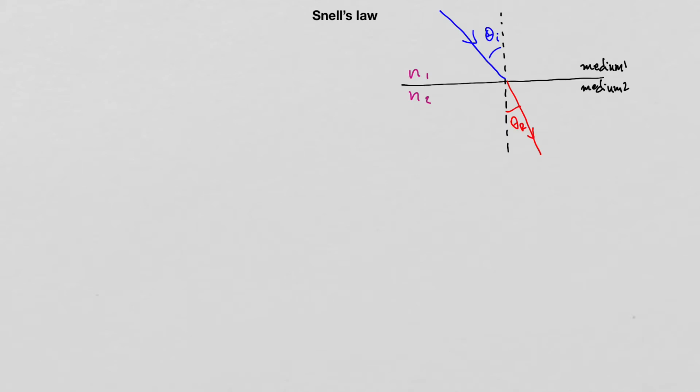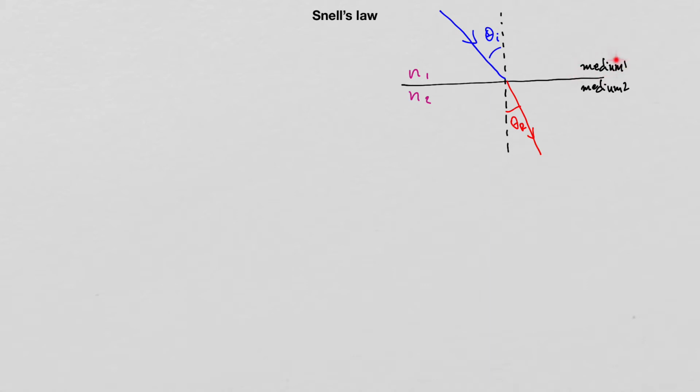Since the index of refraction determines the amount of refraction of light, the angle of incidence, the angle of refraction, and the index of refraction of each medium are related. And this relationship is given by Snell's law. So here is my setup.